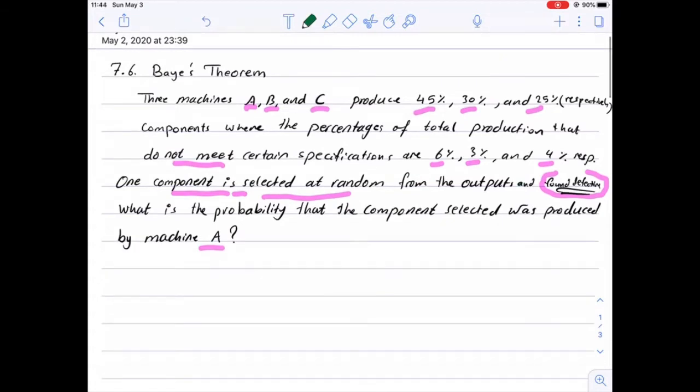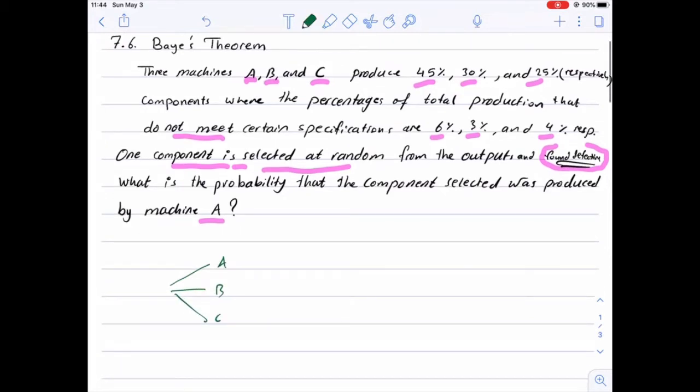For this type of problem, Bayes problems, it's better to draw a tree diagram. So let's graph that diagram. We have three machines, A, B, and C, and the probability of choosing A is 0.45 because machine A produces 45% of the total production, for B it's 0.3, which is 30% of the production, and for C it's 0.25.